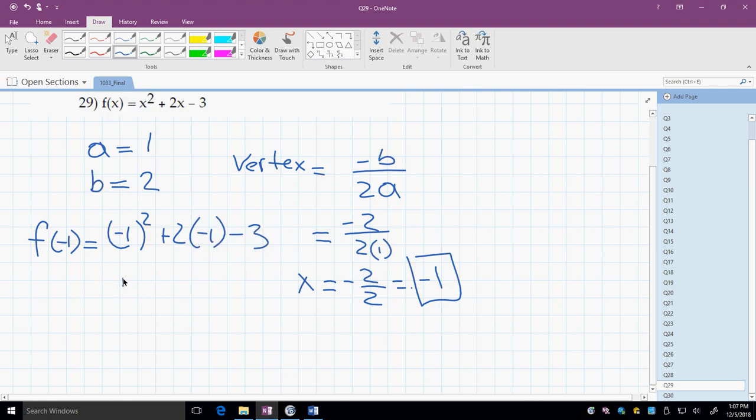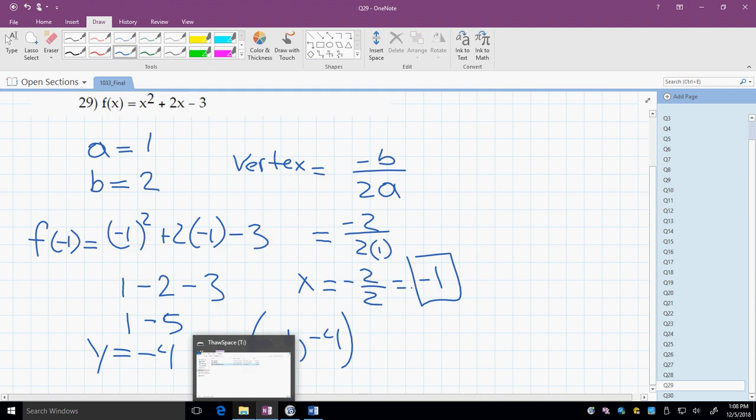So 1 times 1 is going to give you positive 1. Positive 2 times a negative 1 is going to be a negative 2 minus 3. That is going to give you a negative 5 plus 1 is a negative 4. So y is going to be negative 4 and x is going to be negative 1. So this is your answer. That's the vertex.